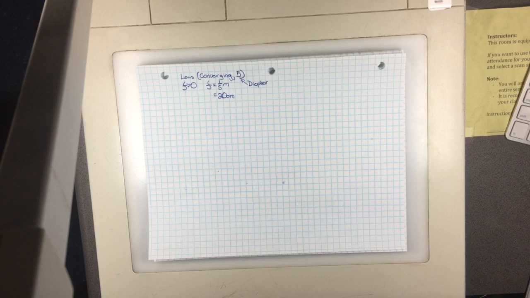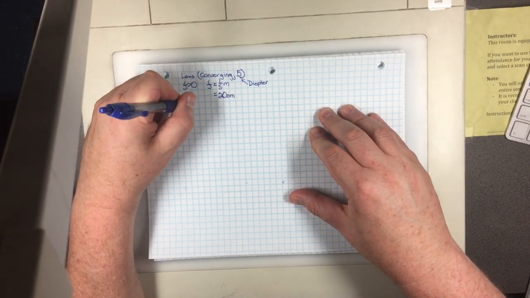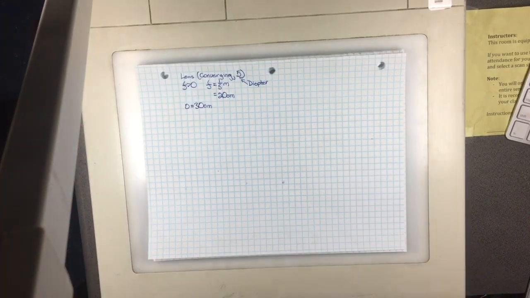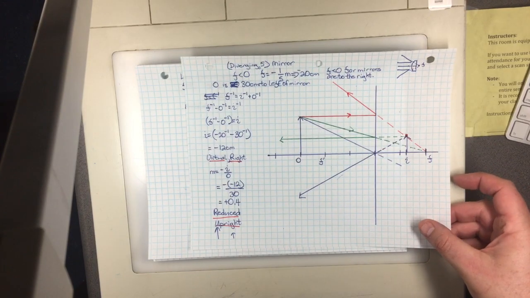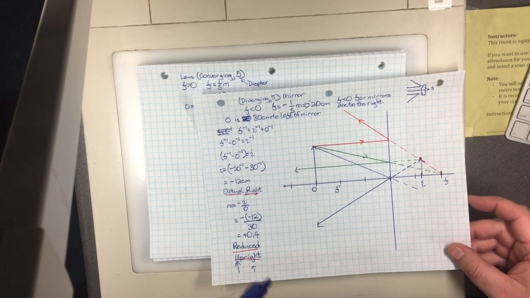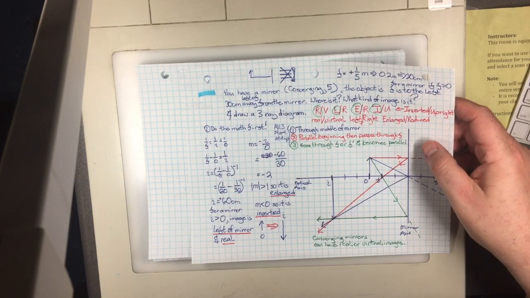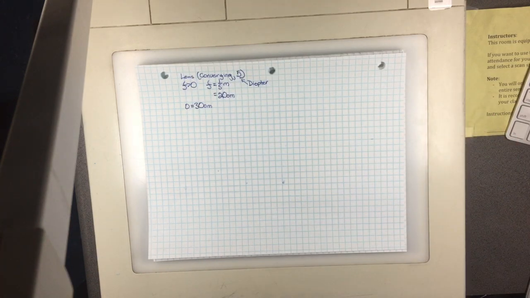The object distance, let's just make it 30. This is similar to this problem, except instead of a converging mirror, we're going to have a converging lens.